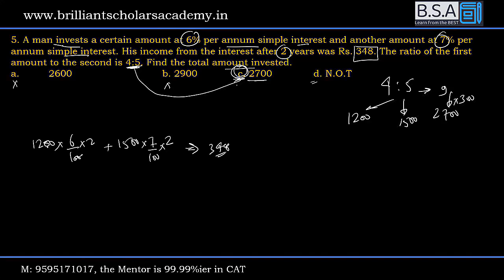So two zeros are gone, two zeros are gone. This is 12 into 12, 144, and this is 30 into 7, 210. That becomes 354. Does it match with 348? No, it does not.